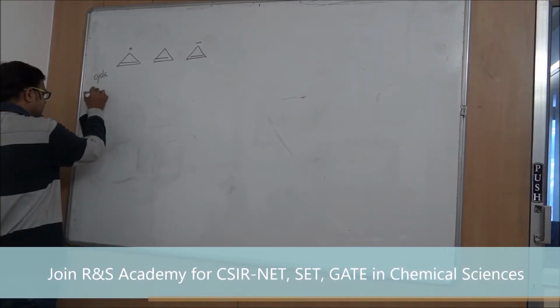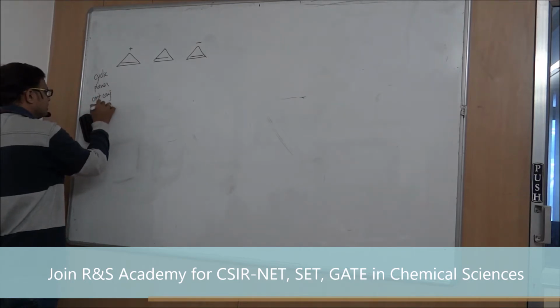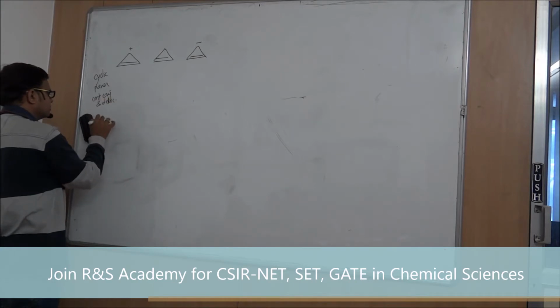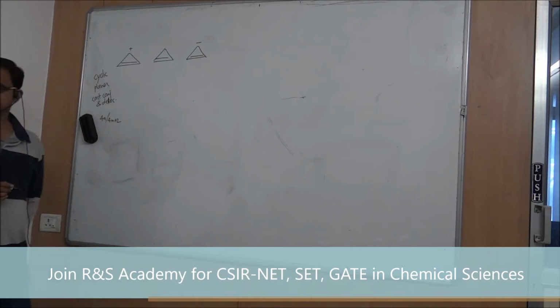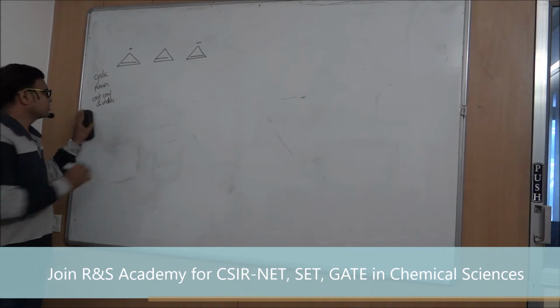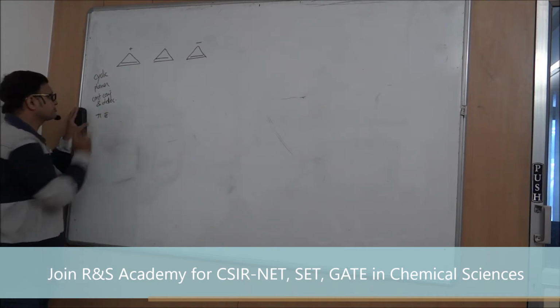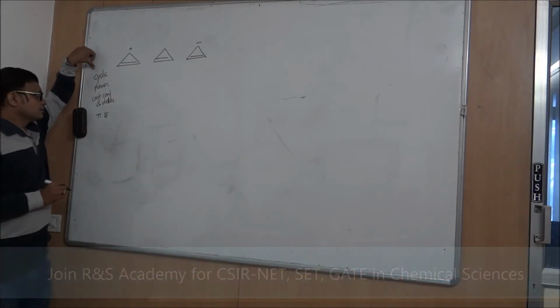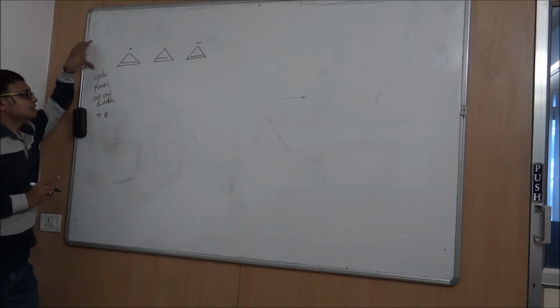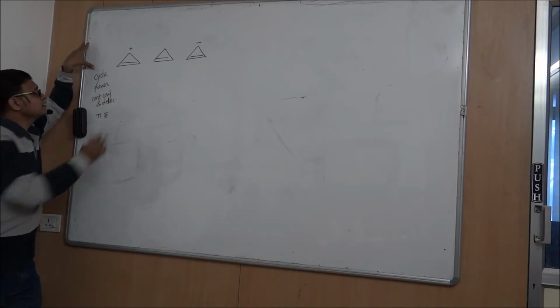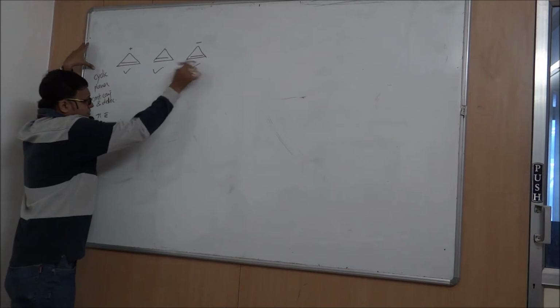Cyclic, planar, continuous conjugation and delocalization, and then check 4n or 4n plus 2. So I will count the number of pi electrons. All the systems are cyclic.